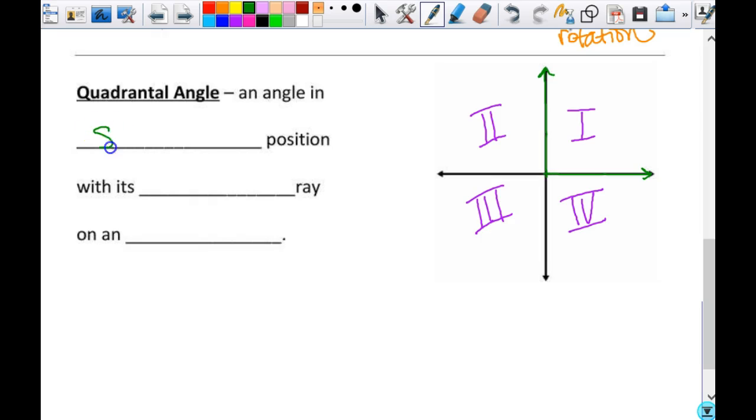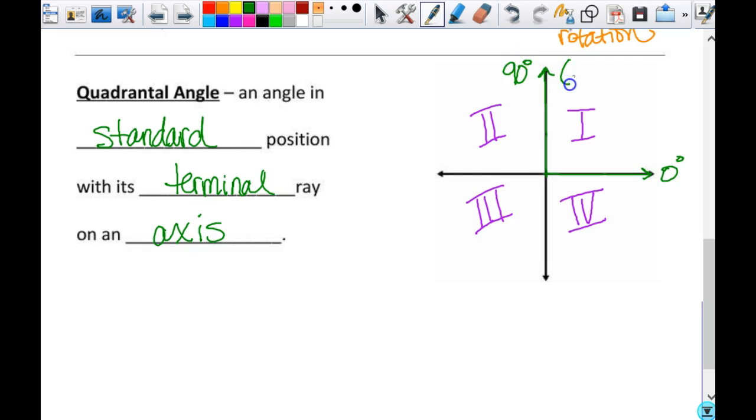So it is an angle in standard position with its terminal ray on an axis. We need to be able to determine which axis. I don't want to just say it's a quadrantal angle. If it lands here, and this is 0, this is how much? 90.